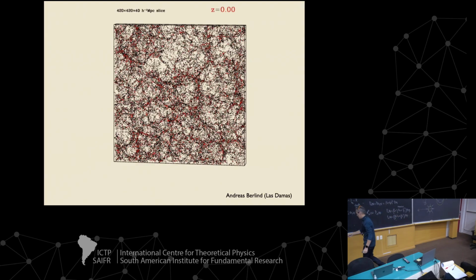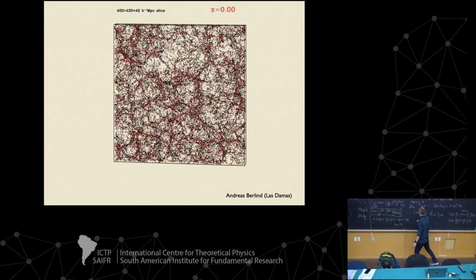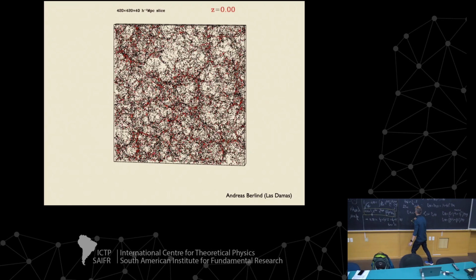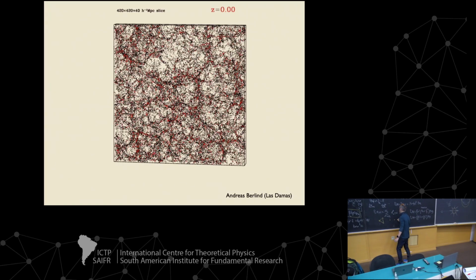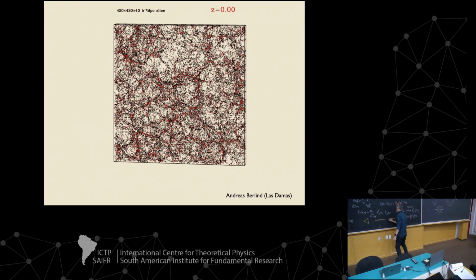I can put the 3 points in an equilateral triangle, I can put them in a flat triangle, or I can put them in a squeezed triangle. And how many of the galaxies or whatever you're looking at happen to align in these configurations will allow you to test the shape of structures generated by gravitational instability.